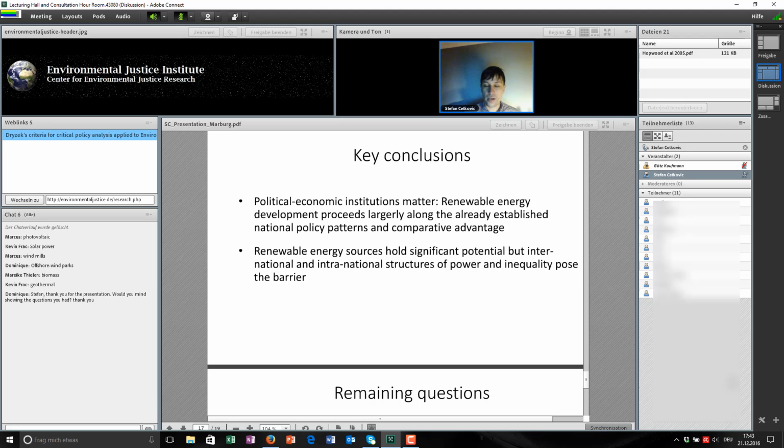So this is one aspect of it, that you have these structures of power, but you also have these structures of inequality. Many people, even in the developed world, live in poverty or struggle financially, and it's always easy to mobilize this population against these reforms, because these reforms always come with some costs, and if the system cannot redistribute these costs, then these costs affect most heavily those who are most vulnerable.